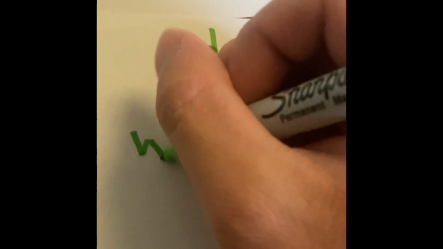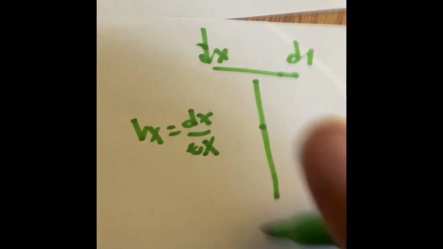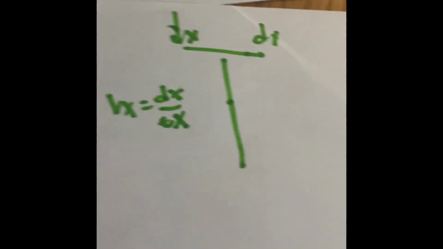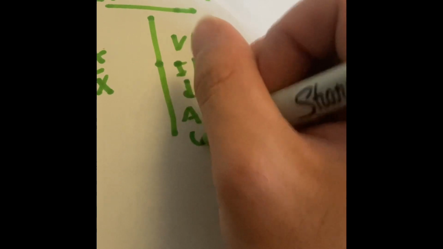Normally, when you're doing projectile motion, you have dx and dy, where dx has the equation vx equals dx divided by tx. Velocity equals distance divided by time. On your dy, you usually have your final velocity y, your initial velocity y, your dy, your ay, and your ty.